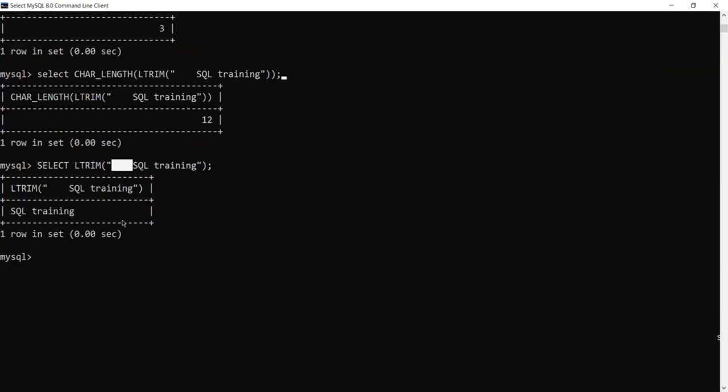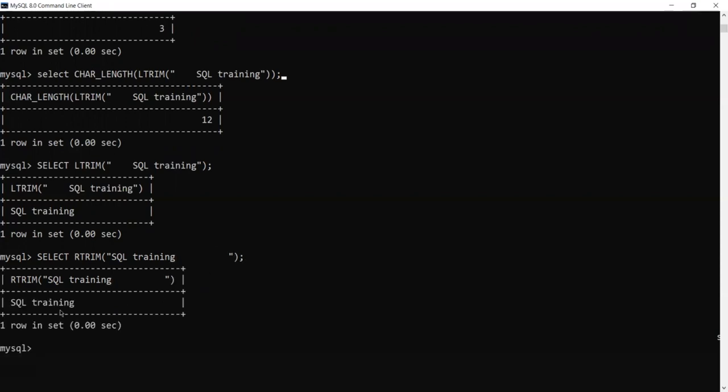Similarly, we have right trim. As we know, LTrim trims only the left hand side spaces, at the start of the string. Similarly, RTrim will trim only the right hand side spaces. So let's say I have something like this. Any string literal that ends with spaces, with no more characters after the spaces, only those spaces will be trimmed.